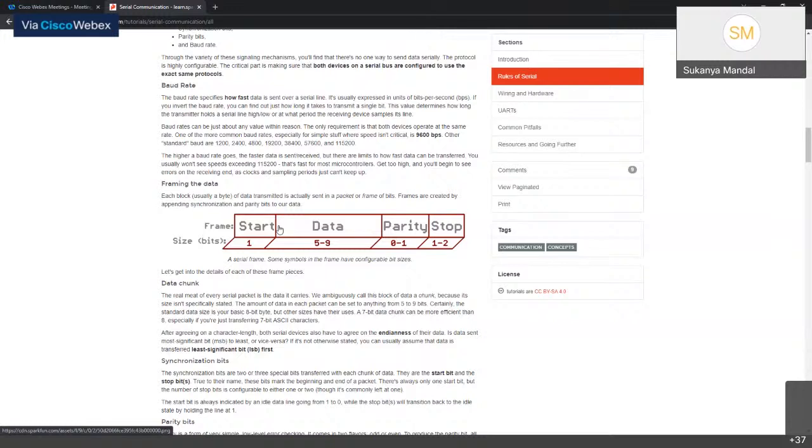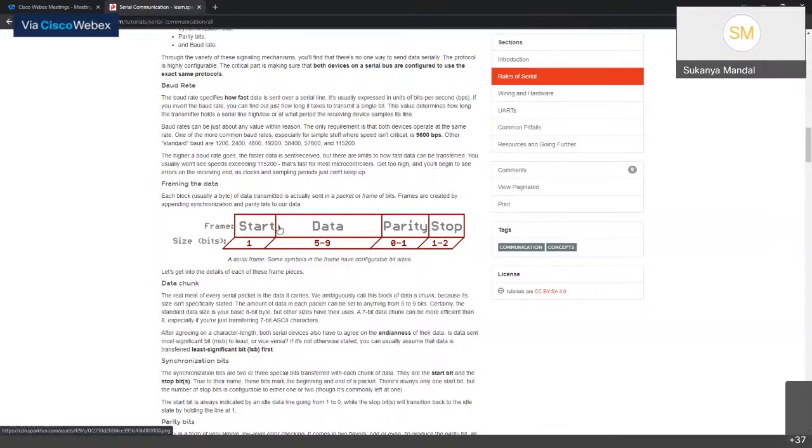Baud rate can be just about any value within reason. The only requirement is that both devices should be operating at the same baud rate. One of the more common baud rates, especially for normal communication or normal interfacing, is 9600 bps.